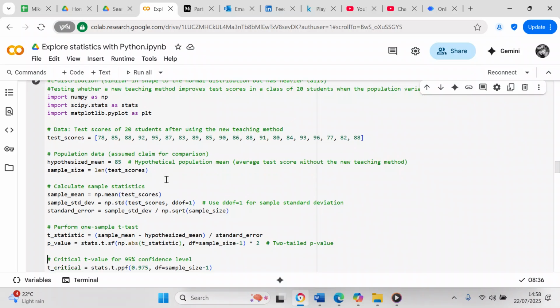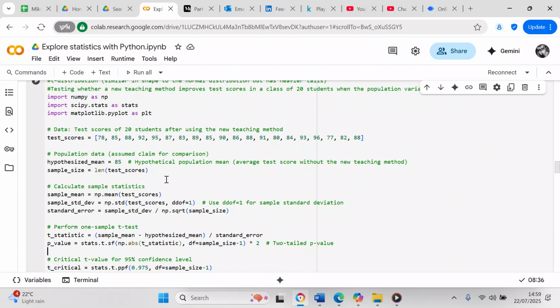So we're going to perform a one-sample t-test. Your t-statistic is the sample mean minus the hypothesized mean divided by the standard error. And your p-value is stats.t.sf, and SF stands for survival function, of np.abs, where abs stands for absolute value, of the t-statistic, comma, and the degree of freedom equals the sample size minus 1.